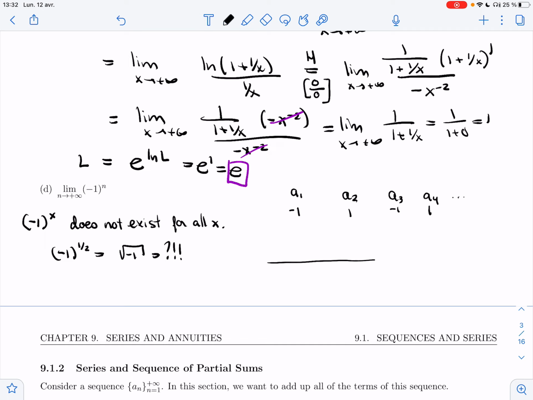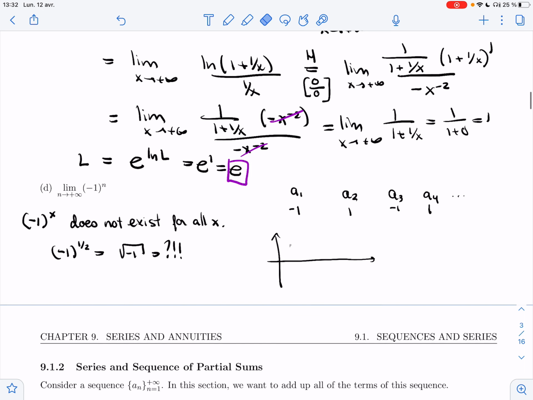So really, if you want to draw it, you start with a minus, positive, minus, positive, and it doesn't get close, right? So we're not approaching a single value. And so this limit is DNE. It does not exist.